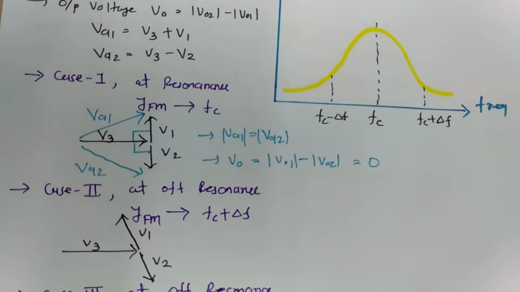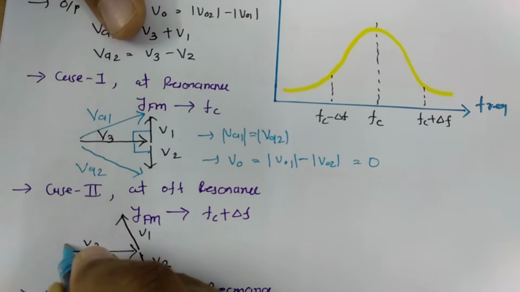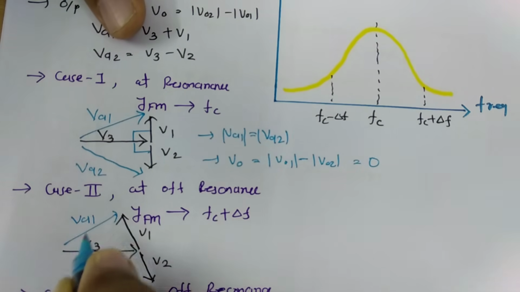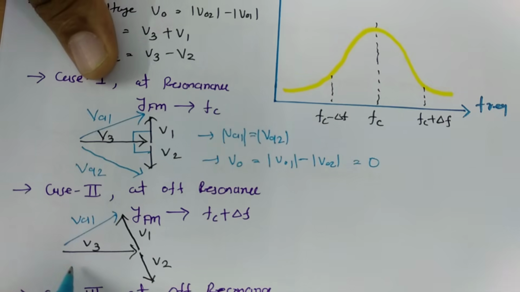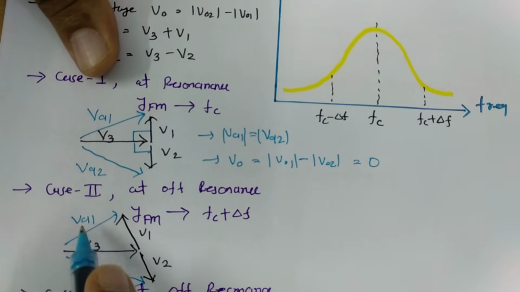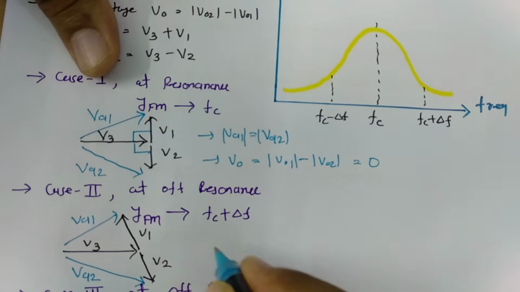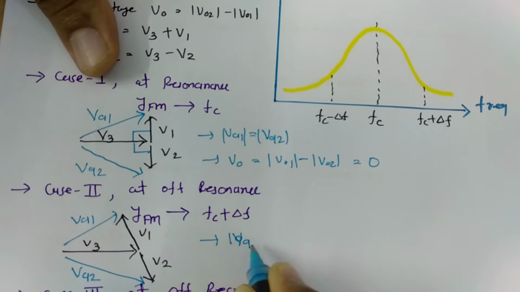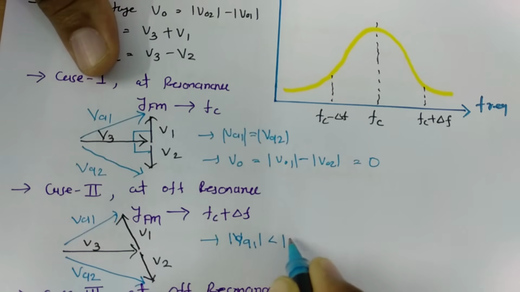So when we calculate VA1, this is between V1 and V3, and this is VA2, between V2 and V3. So obviously VA2 will be greater than VA1. So over here in this case, VA1 is less than VA2.